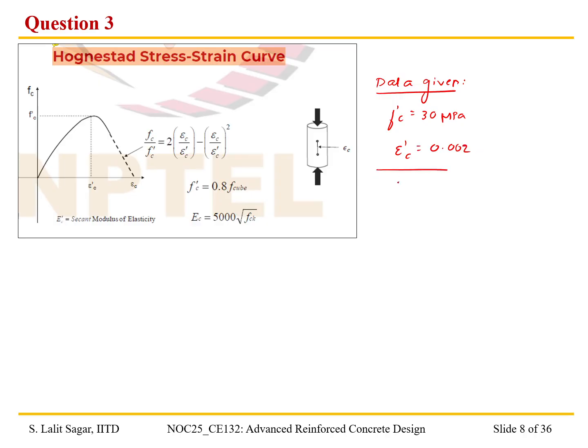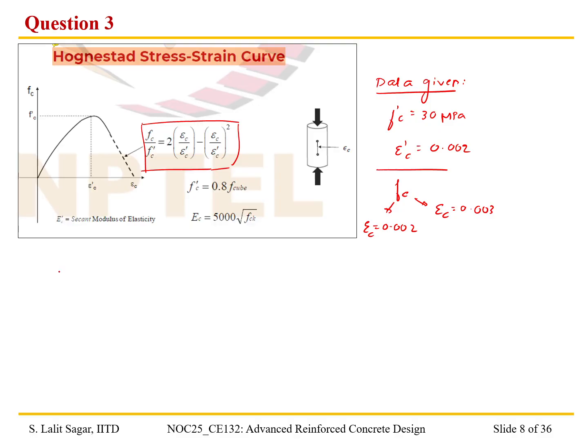And then we need to find out Fc for two different values: Fc corresponding to epsilon C equal to 0.002 and epsilon C equal to 0.003. Now let us plug these values in this equation and obtain the value of Fc.